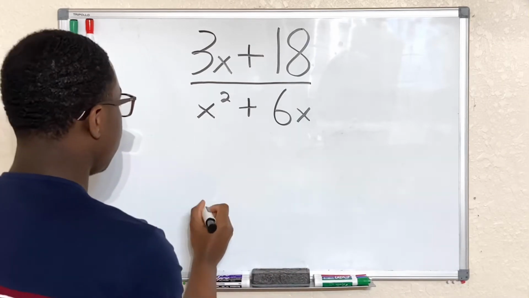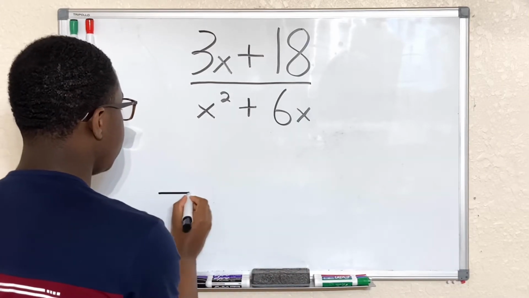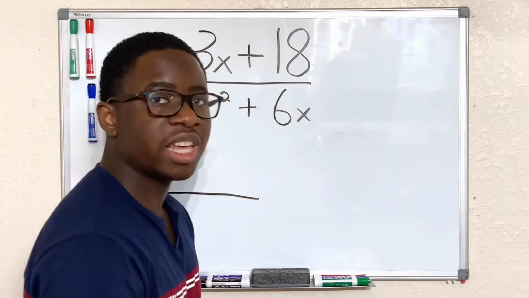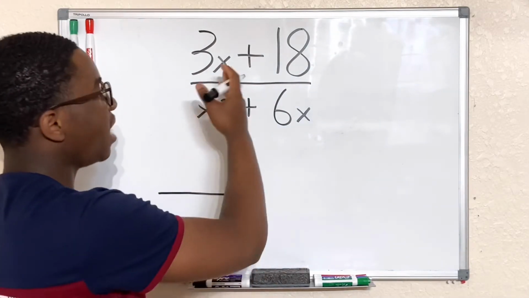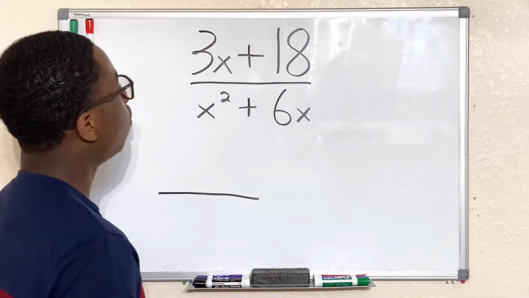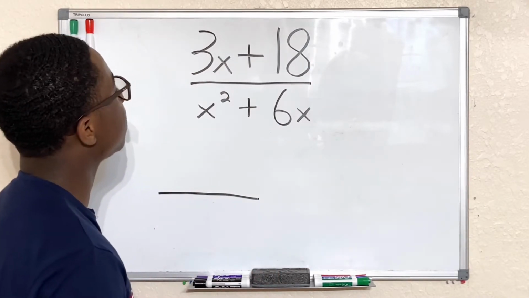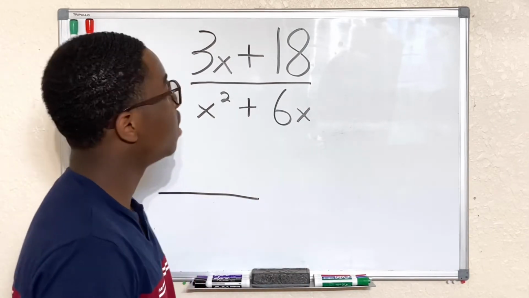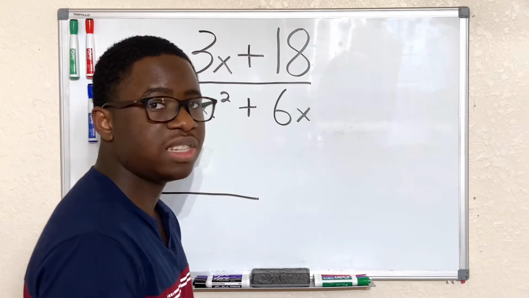So let's draw our line. All our work will be shown right here. Let's start with 3x plus 18. What can I take out of 3x plus 18? We have an x here, but no x there, so we can't take x out of this. What is another GCF that we could take out? Well, I see 3 and 18. 3 is a factor of 3, and you can also take 3 out of 18.